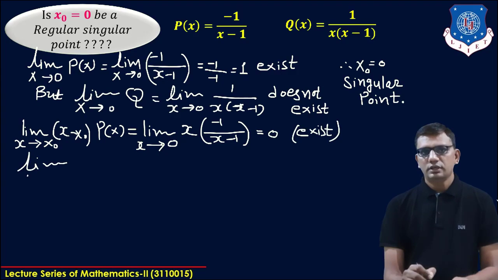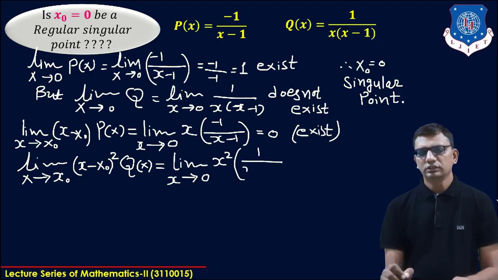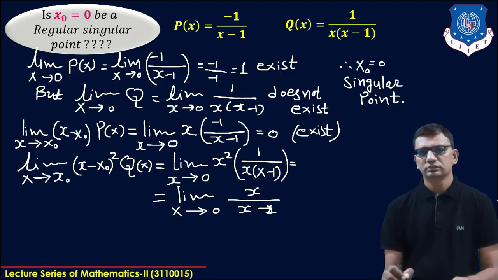Now limit x tends to x0 of (x - x0)^2 q(x), that is equal to limit x tends to 0 of x^2 times 1/(x(x-1)), which can be written as limit x tends to 0 of x/(x-1), that is equal to 0, which also exists.